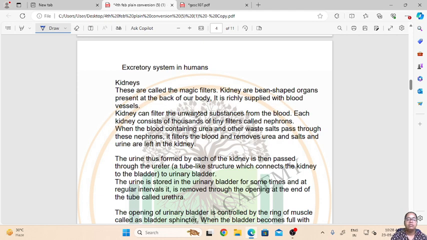Each kidney consists of thousands of tiny filters called nephrons. When the blood containing urea and other waste salts passes through these nephrons, it filters the blood and removes the urea and salts, and the urine is left in the kidney.